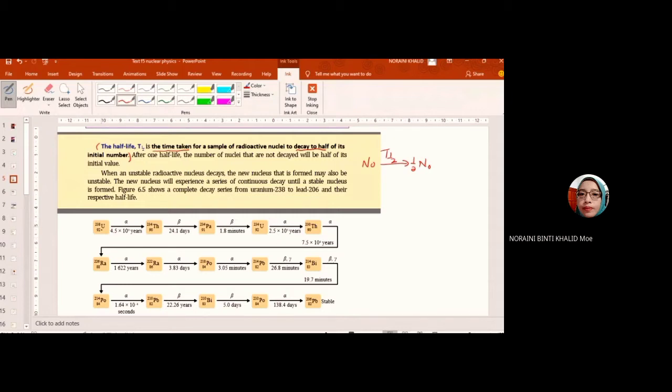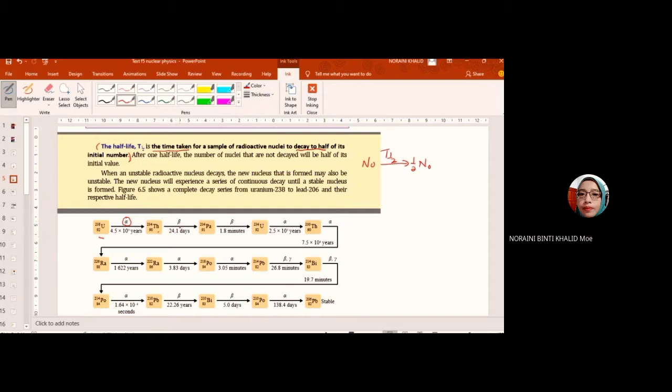For example, you can look at here, uranium-238 with 92. The half-life is about 4.5 times 10 to the power 9 years. Okay, and then it decays, releasing alpha to become thorium-234 with 90. Thorium has a half-life of 24.1 days.